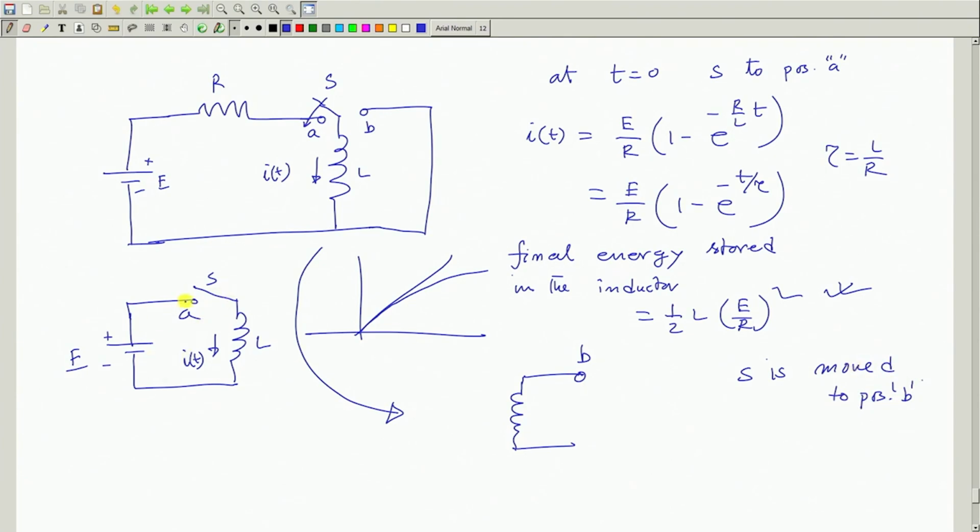This circuit I am not talking about, we have discussed at length. So, if you move to position A, it will be like this, is it not?